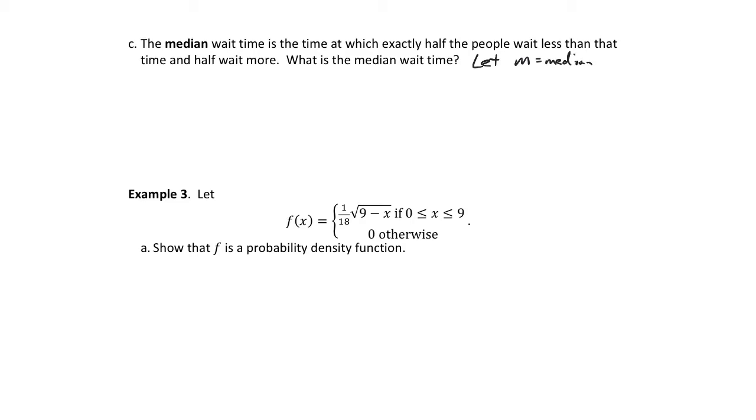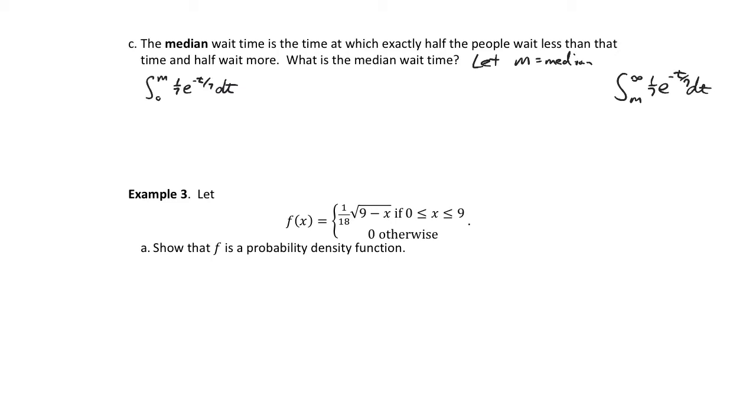So half of the people will wait between 0 and m minutes. What's the probability then that I wait between 0 and m minutes? It will be the integral from 0 to m of 1/7 e to the negative t over 7 dt. Now, I could have, and I'm going to write this over here, said it's the integral from m to infinity of 1/7 e to the negative t over 7 dt.